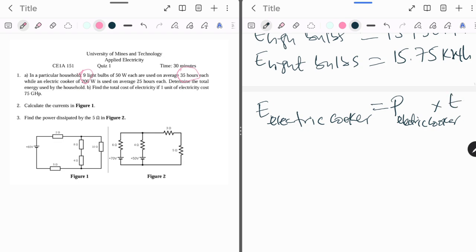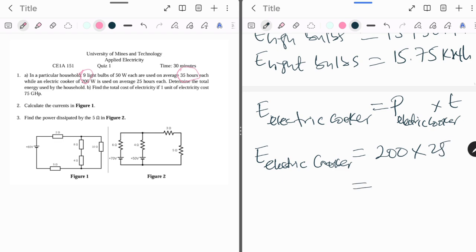So the energy consumed by the electric cooker is equal to the power, which is given in the question as 200 watts. So I take 200 times the time, and the time here is 25 hours.